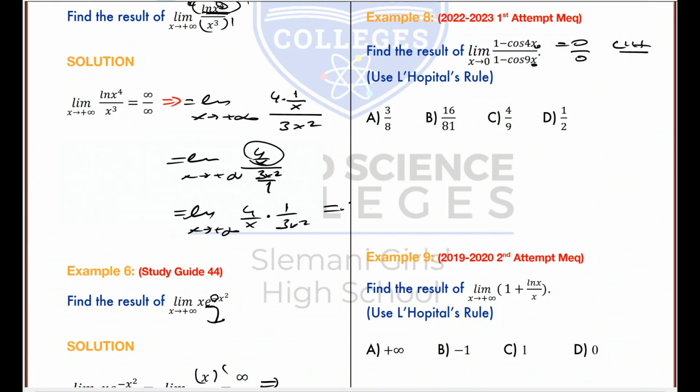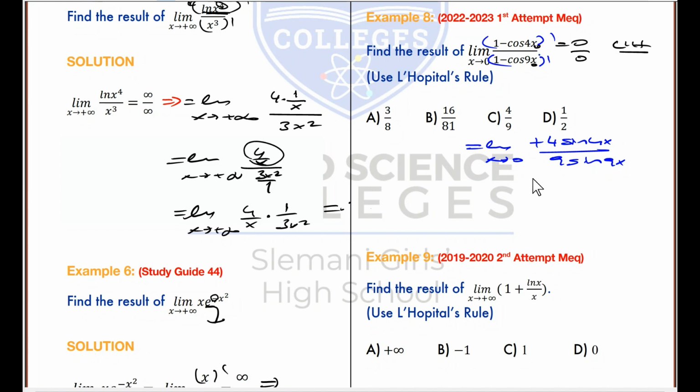So take the derivative of top and the derivative of bottom separately. The derivative of 1 is 0, the derivative of minus cosine 4x is minus the derivative of the angle 4 times negative sine 4x. Negative, negative becomes positive, sine 4x. The derivative of cosine 9x is negative, negative makes positive, the derivative of the angle 9 times sine of the same angle.